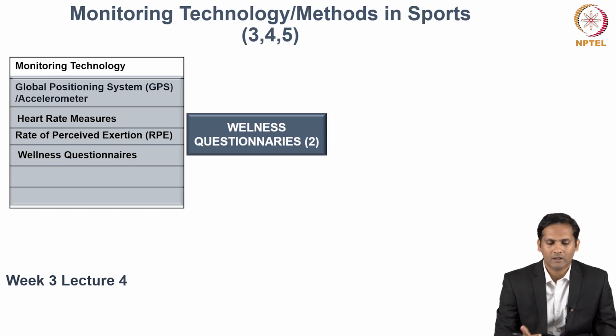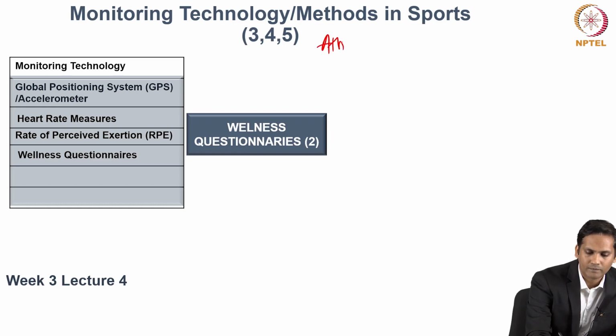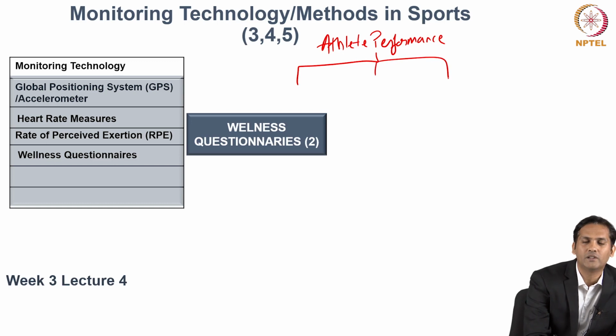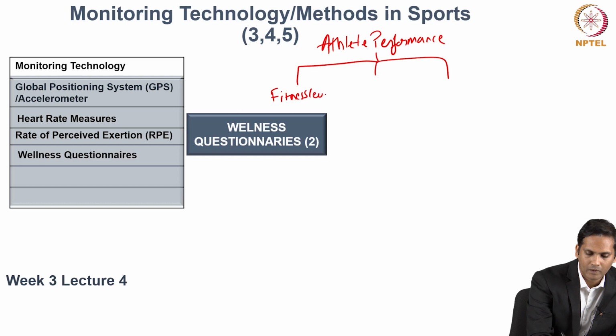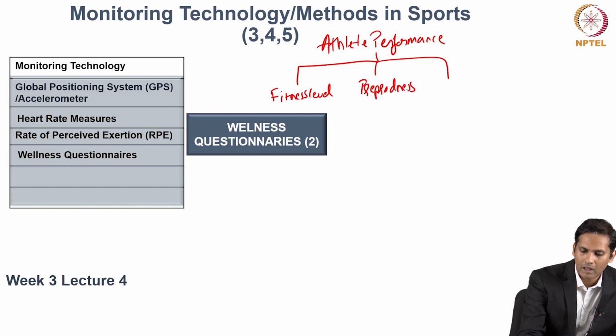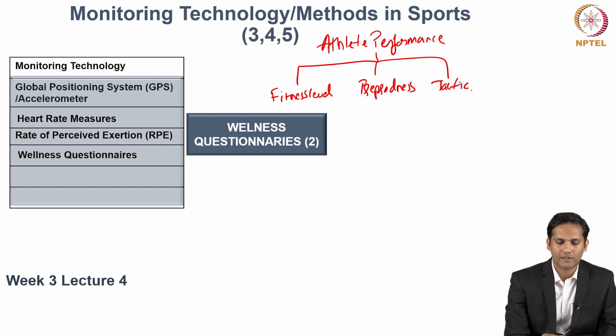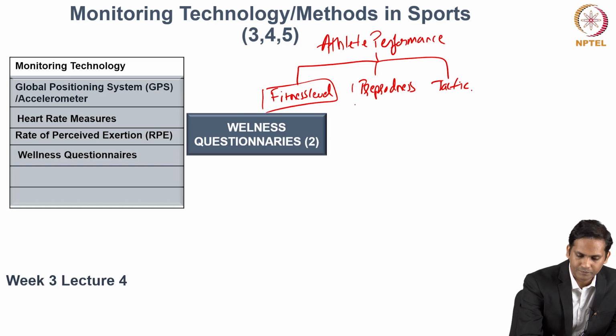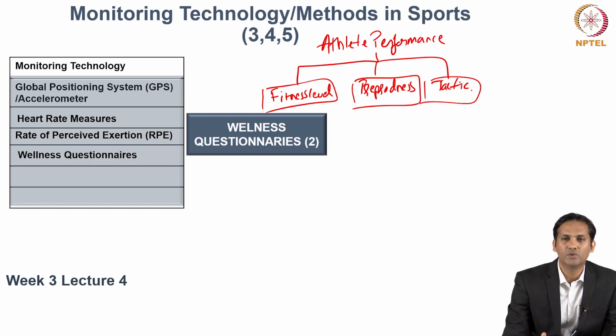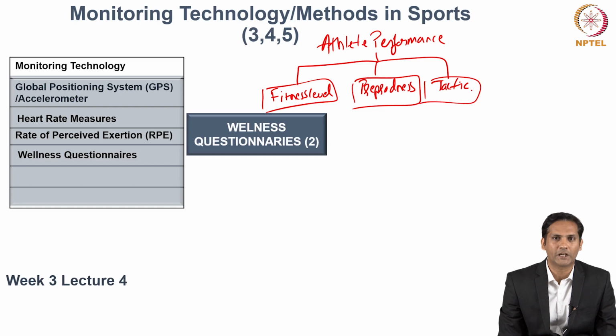When we work with an athlete, we have to improve the athlete's overall performance, for which we need to focus on all the 3 pillars of performance, which are fitness level, preparedness, and game strategies or tactics. So in order to monitor each one of them, you need to use a different monitoring method or technology.